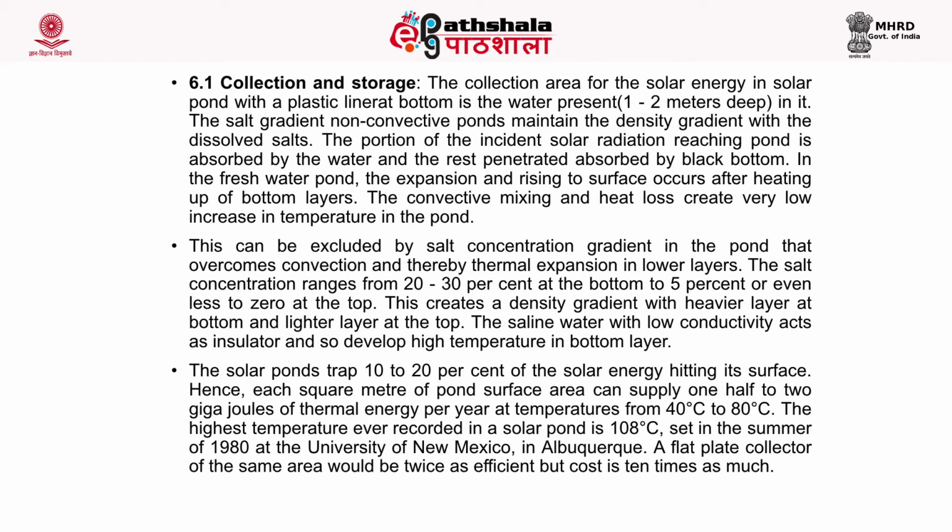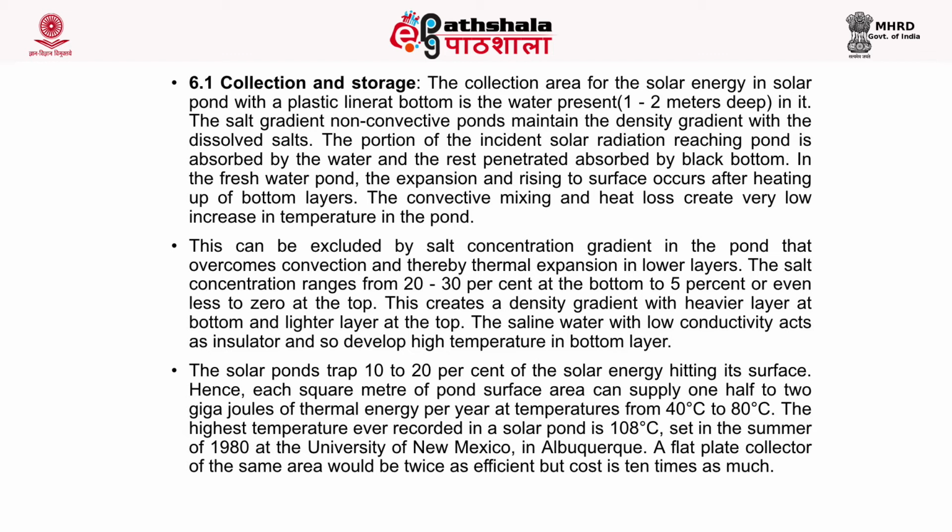The salt concentration ranges from 20 to 30% at the bottom to 5% or even less, to 0, at the top. This creates a density gradient with the heavier layer at the bottom and the lighter layer at the top. The saline water with low conductivity acts as an insulator and so develops high temperature in the bottom layer.